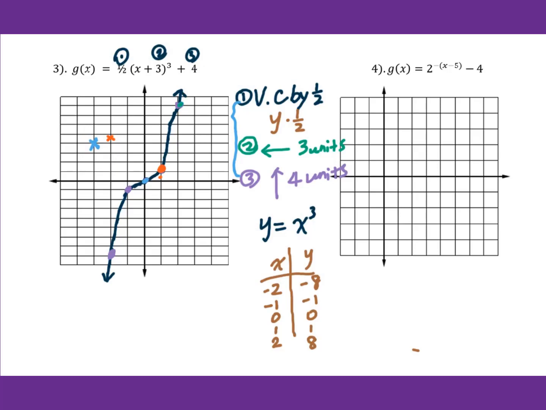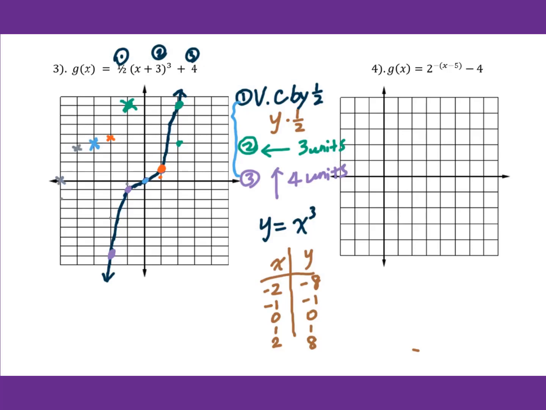Now let's go to these points. Y coordinate, that's 8 divided by 2, we go to 4. 1, 2, 3, 4. It's here. Then left 3, go up 4. It's here.